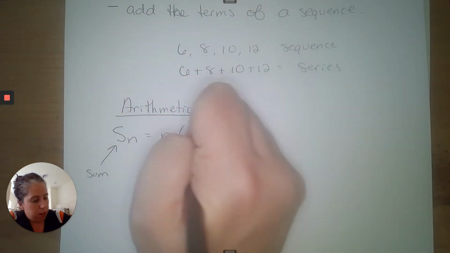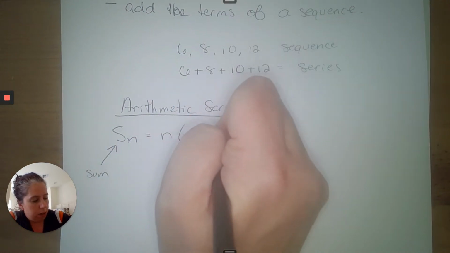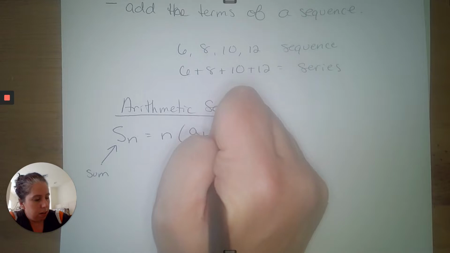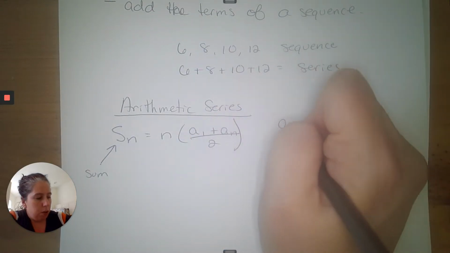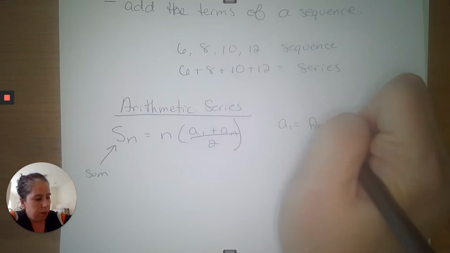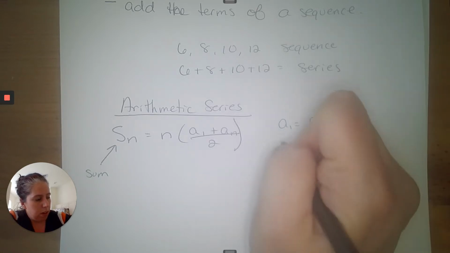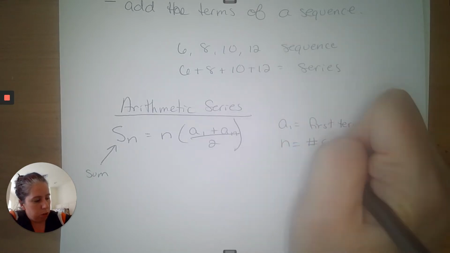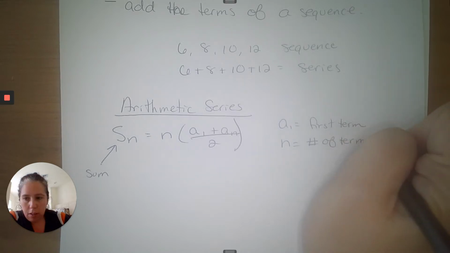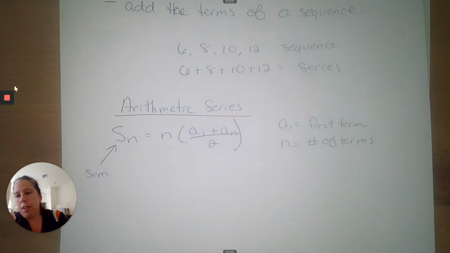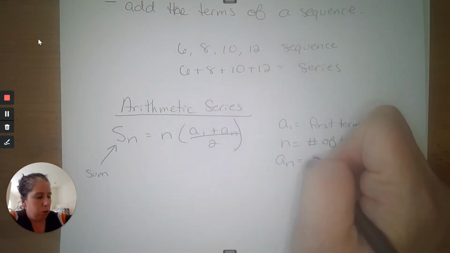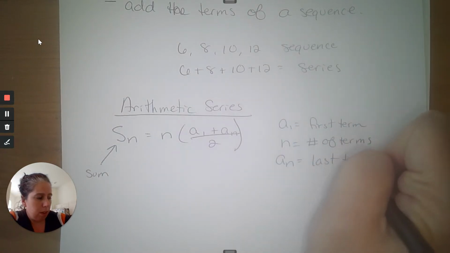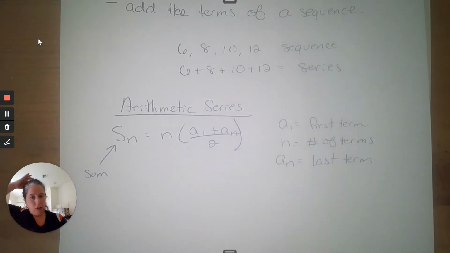It's n times (a1 plus an) all divided by 2. a1 is the first term. n is the number of terms. And an is the last term, whatever the very last one is you're looking for. It's referring to that nth term.